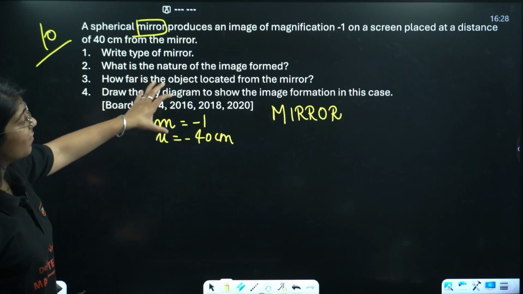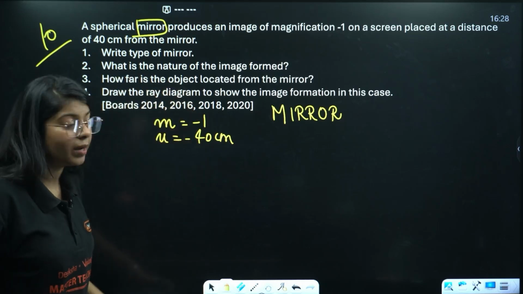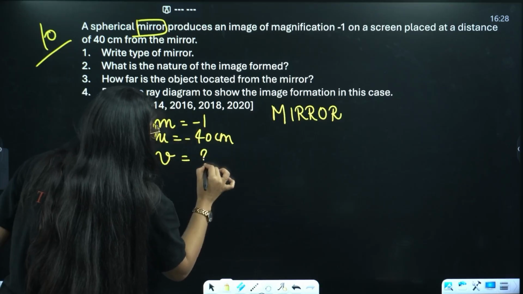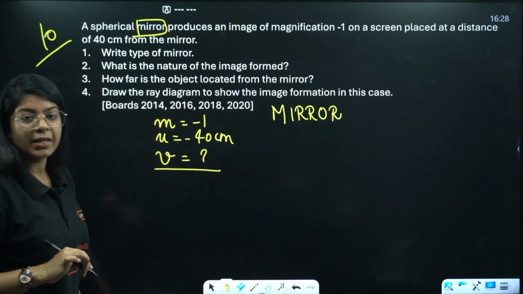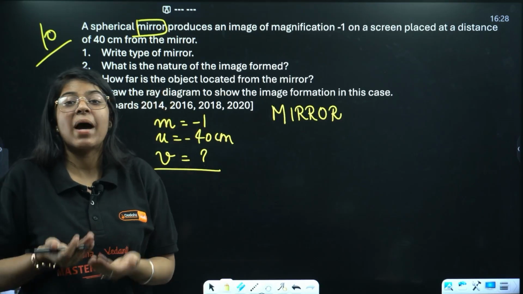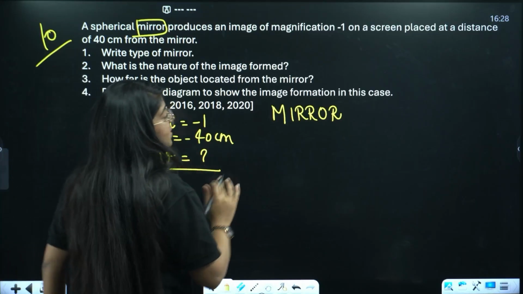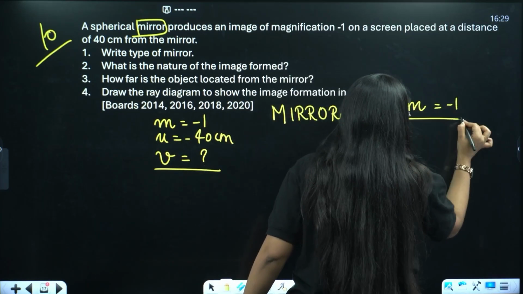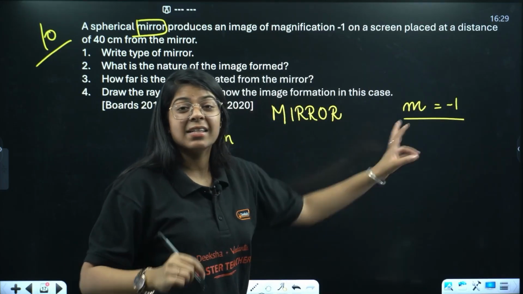See, magnification is -1. So we have to see where the image is formed. If you want to solve it without calculating, this is the way.